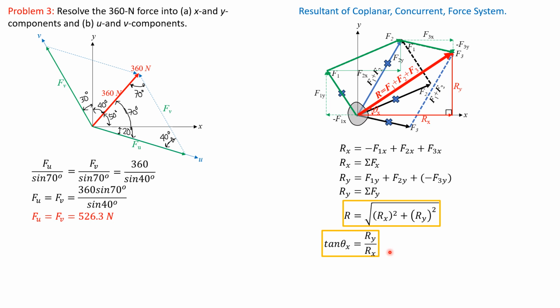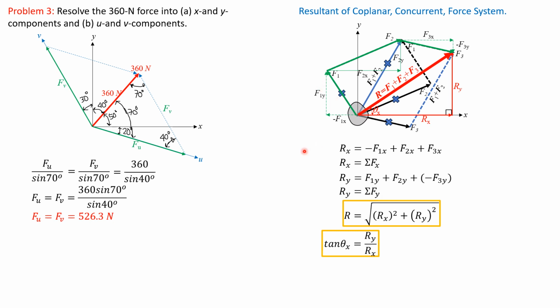Now, as I said, the angle theta x should be emphasized. If the force lies in the second quadrant, the angle is between 90 and 180 degrees, so it is counterclockwise. Remember the positive sense.